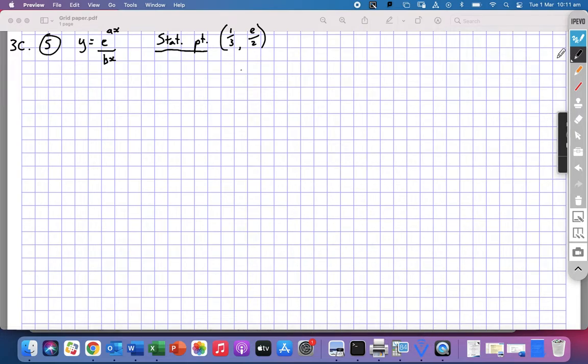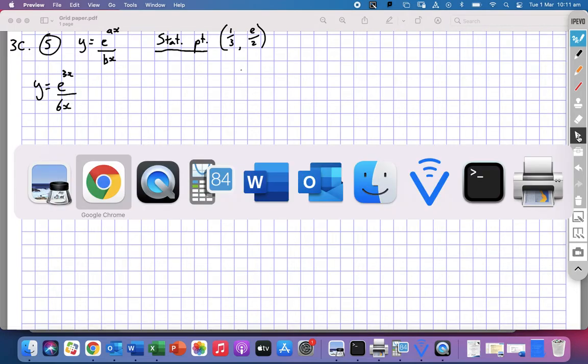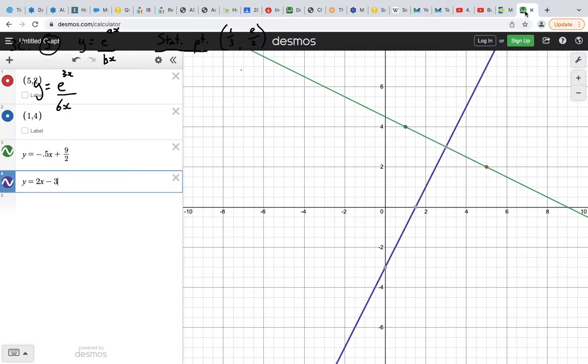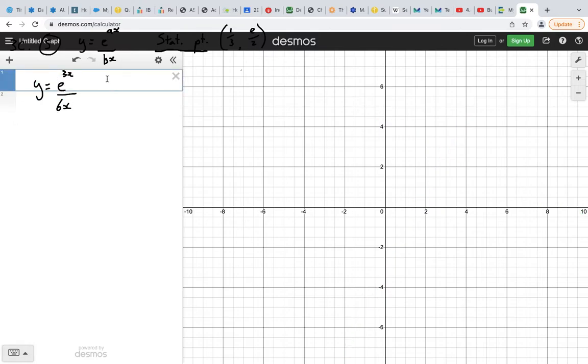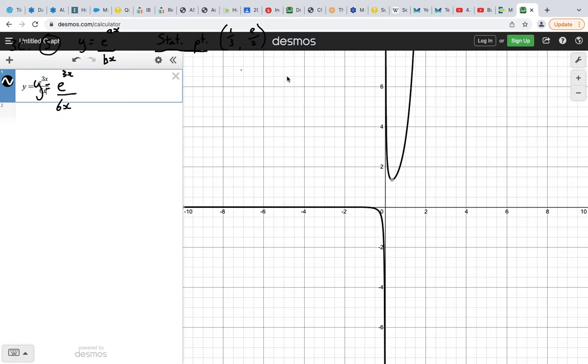So I know that my function is y equals e to the power of 3x on 6x. Let's go and graph it. I'll open a new page. Y equals e to the power of 3x all divided by 6x. And that's the stationary point there.